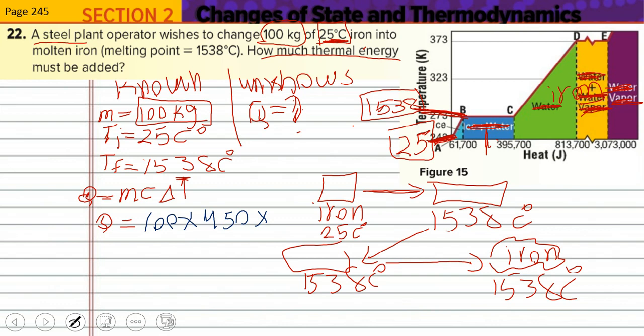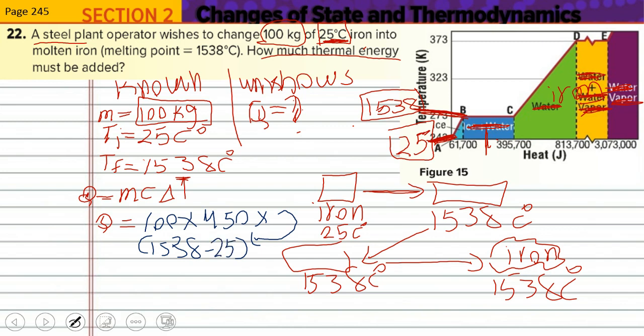And what is the change in temperature? It equals the final temperature, 1538, minus the initial temperature, 25.